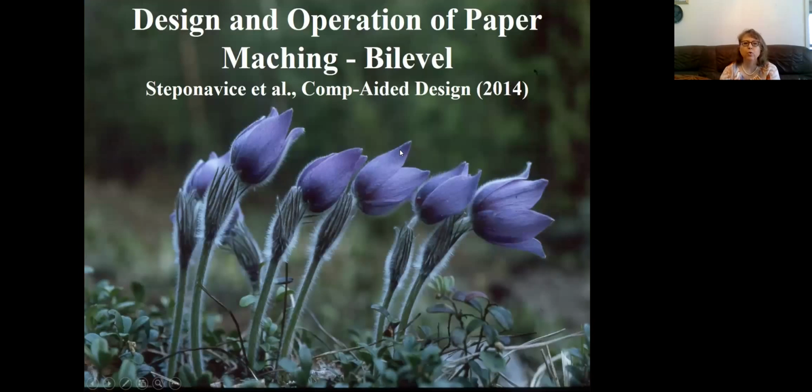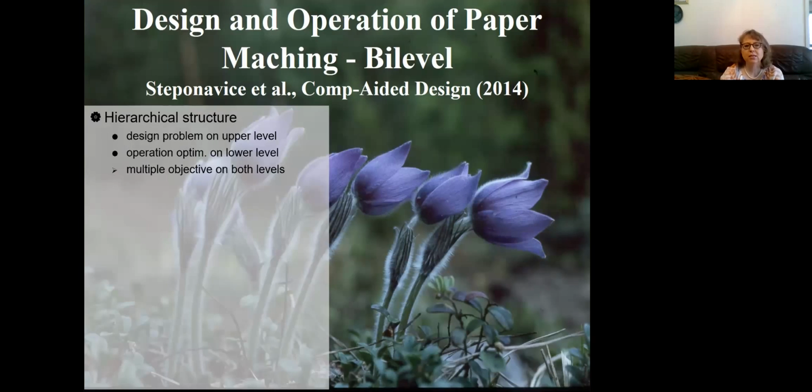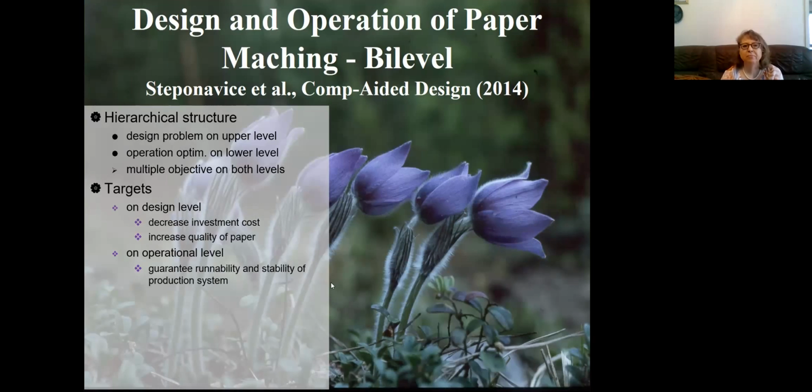And a few words about some other cases in more detail. For example, in this case, we had a hierarchical structure. It was about designing an operation of a paper machine. So two levels, a bi-level problem. Both these levels have different objectives, and so multiple objectives on both levels.